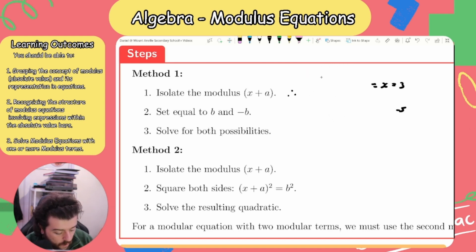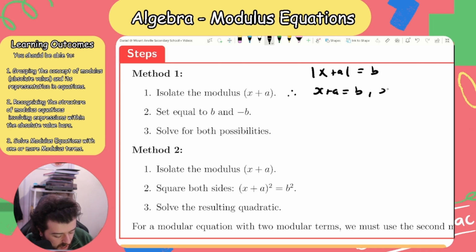So if I have an equation |x + a| = b, I just have x + a = b, and x + a = -b. That's it. But that only works if I have an equation in this form, with only one modulus.